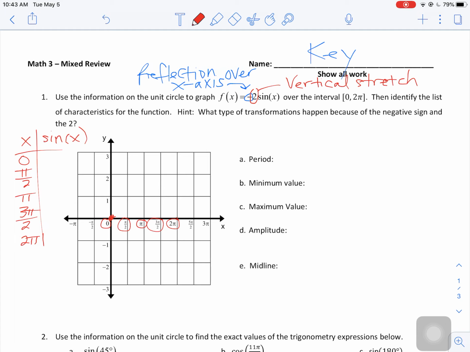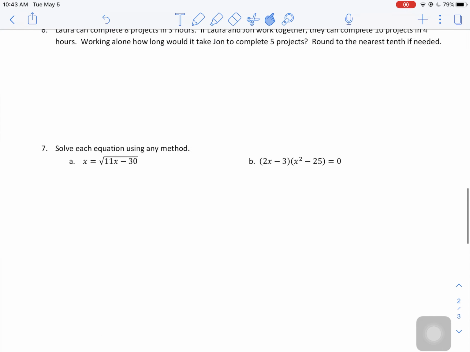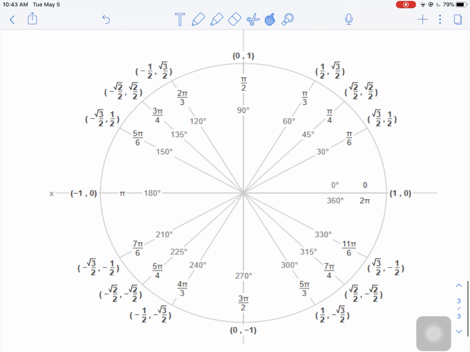And we're talking sine, so we're going to be looking at the y values on the unit circle. When we're at 0, our y value is 0. I'm going to jot these down on a piece of paper so we don't have to keep scrolling back and forth a million times. So again, when we're at 0, the sine is 0.